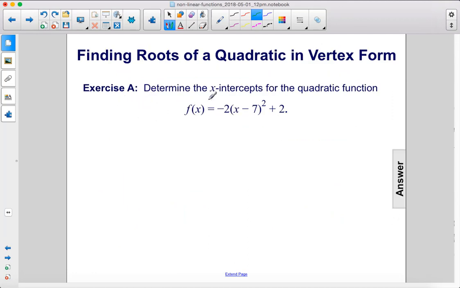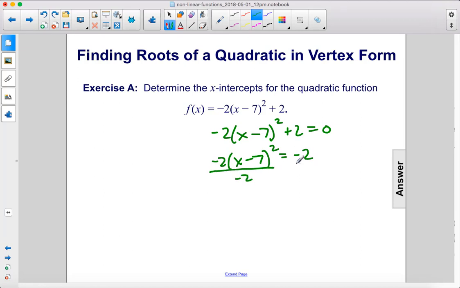Exercise A. Determine the x-intercepts for the quadratic function here. f of x equals negative 2 times (x minus 7) squared plus 2. So all we have to do is set this whole thing equal to 0. Here's our quadratic equation. We'll move this 2 over, subtract 2 from both sides, equals negative 2. We'll divide both sides by negative 2.